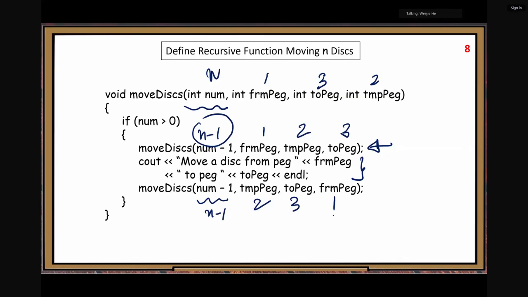In that way, you can see we complete the whole solution. By recursion, the whole algorithm is so simple, just a few lines.